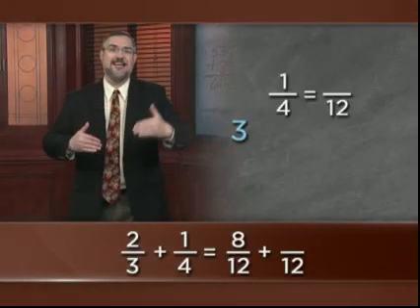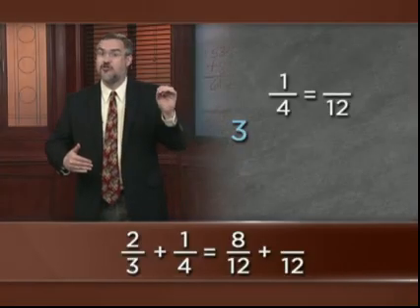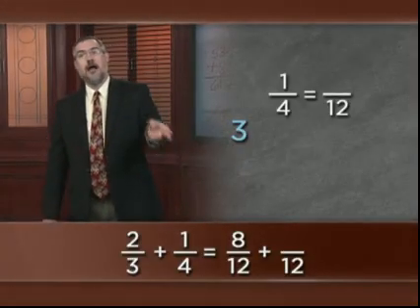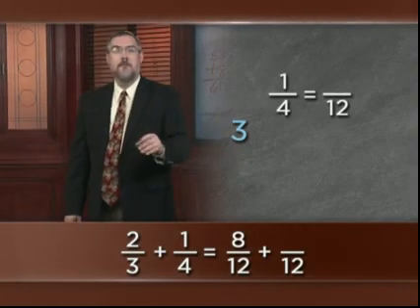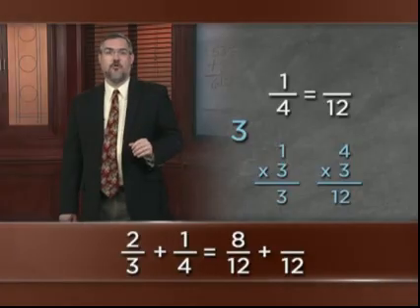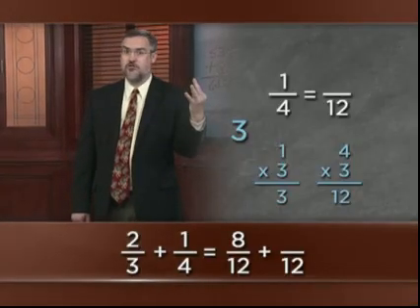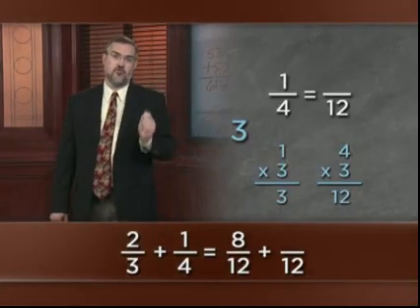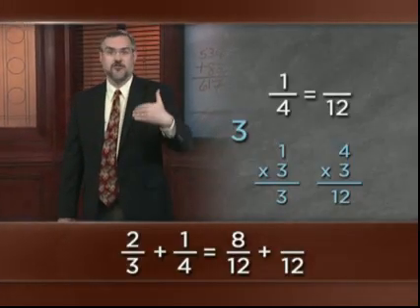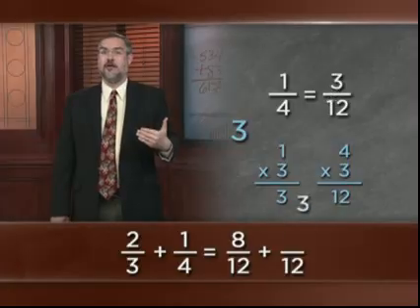They are dictating the action of this problem. The numerators just sort of come along as they do. So I'm now going to take 1/4, multiply both the numerator and the denominator by 3, and I'm going to get 1 times 3, which is 3, and 4 times 3, which is 12, and I'm going to basically convert 1/4 into 3/12.